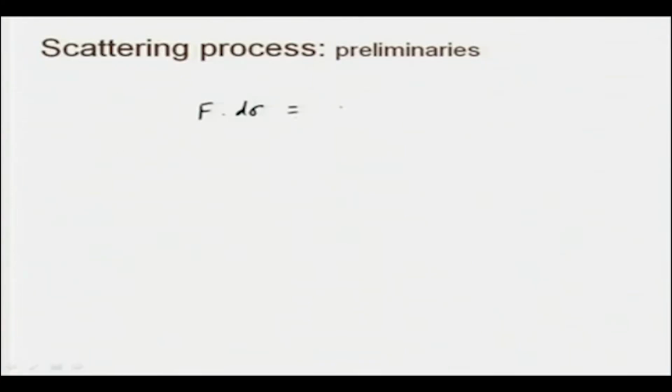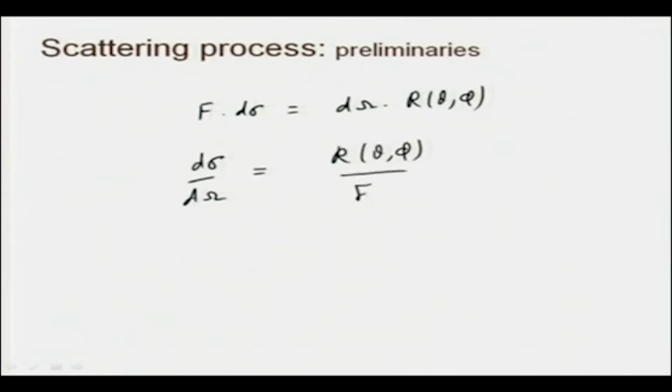So, we have F dσ equal to dΩ times R(θ, φ), or I can have a quantity dσ over dΩ as R(θ, φ) over F, where F, remember, is the flux.